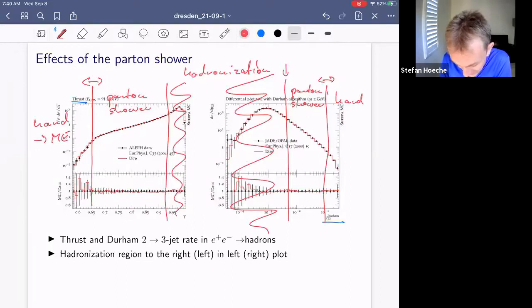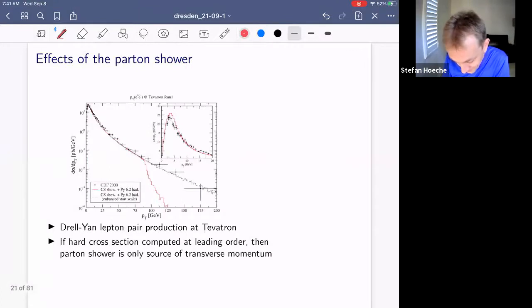But what's quite striking is that over a very large dynamic range, both on the left and the right-hand side, the parton shower describes the experimental data, and the ratio between the Monte Carlo and the data at the bottom is extremely good. So the dynamics, the evolution of QCD between high and low scales, which is what the parton shower is supposed to describe, is described very well. It's also describing the hard regions very well, but that may not be so surprising because it's e+e-, and things are always easy in e+e-.